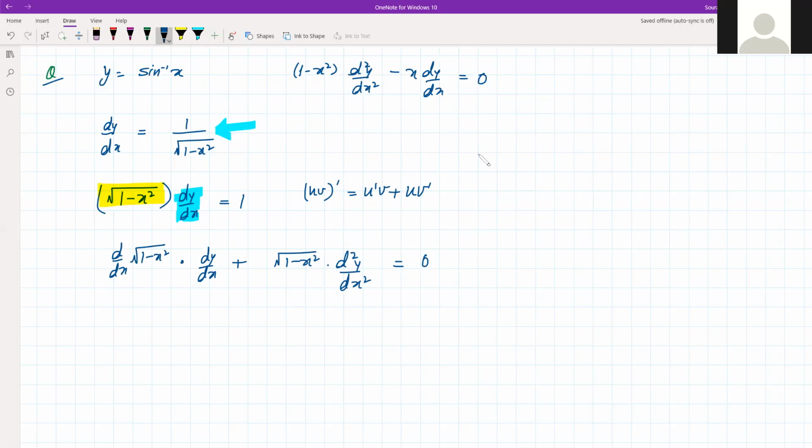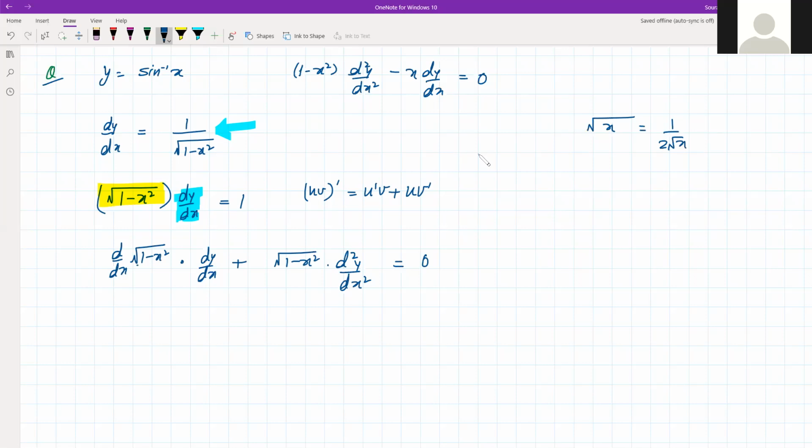Okay, so now we just have to differentiate this first function, that is d by dx of root of 1 minus x square. So that is nothing but differentiating of any root is this.